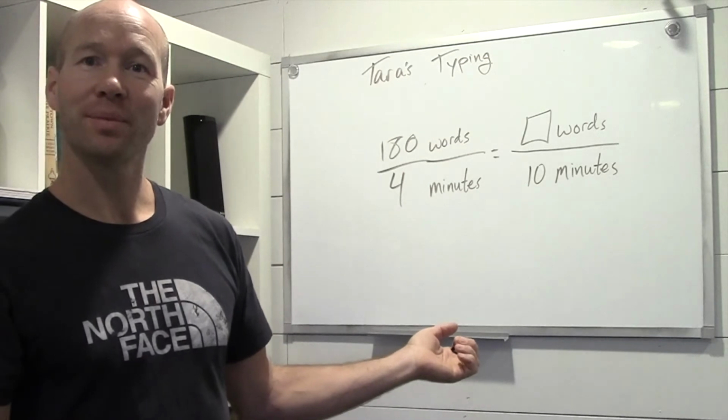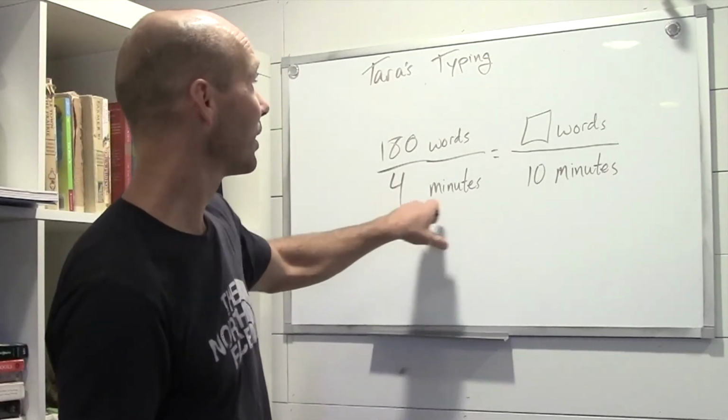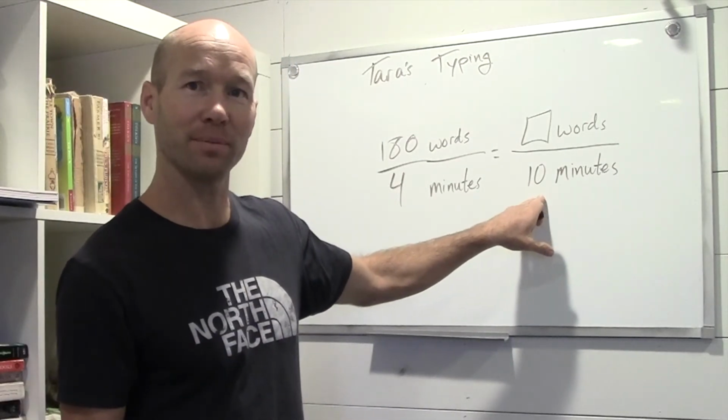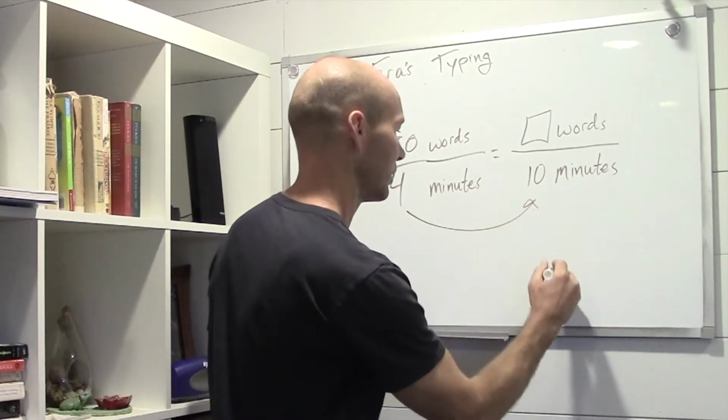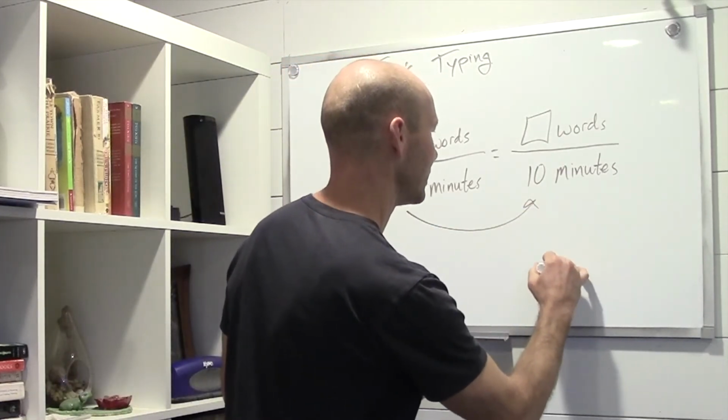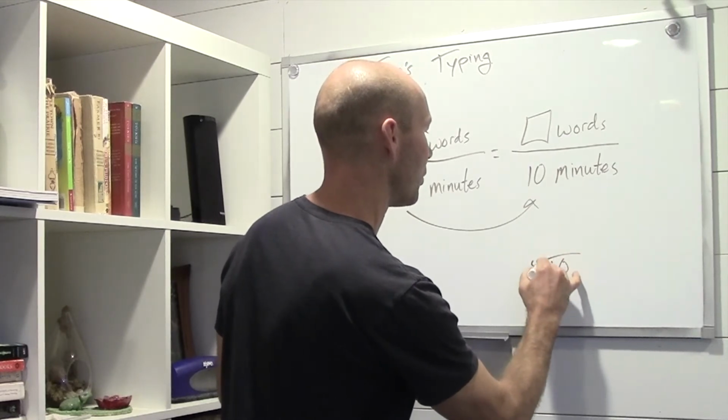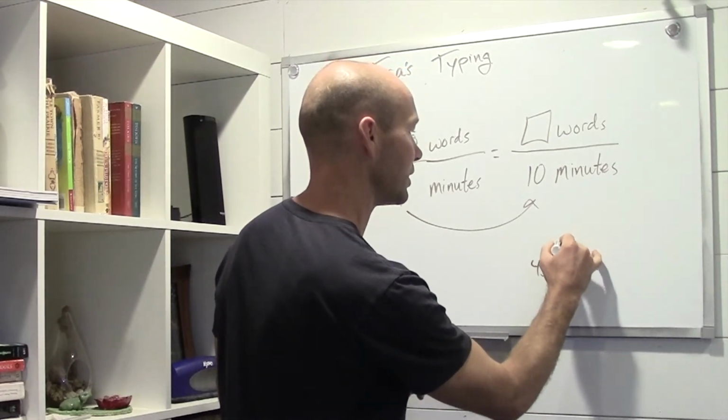Well, what I need to do is I need to say 4 times something equals 10. So I'm going to say 4, I need to do 10 divided by 4. 4 goes into 10 2 times.